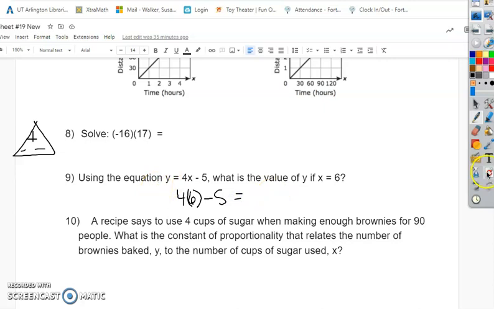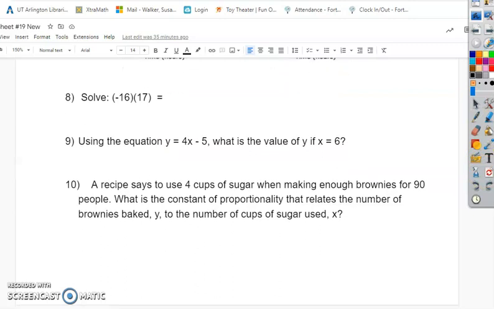And the last one, it says, a recipe says to use 4 cups of sugar when making enough brownies for 90 people. What is the constant of proportionality? Guys, constant of proportionality. Remember, this is on the formula chart. K is the constant of proportionality, y over x.